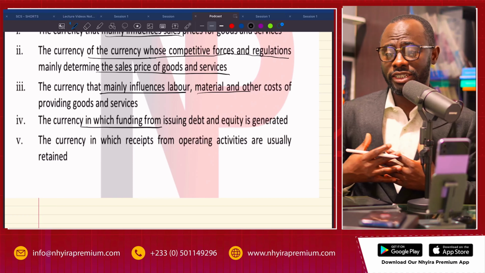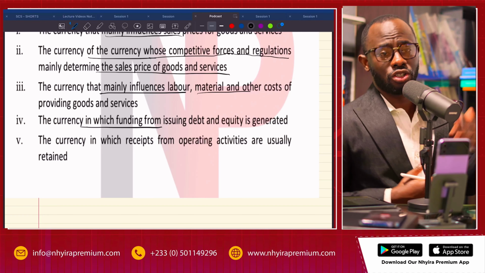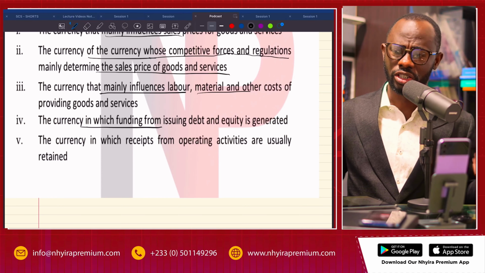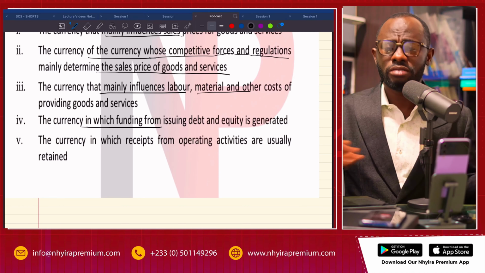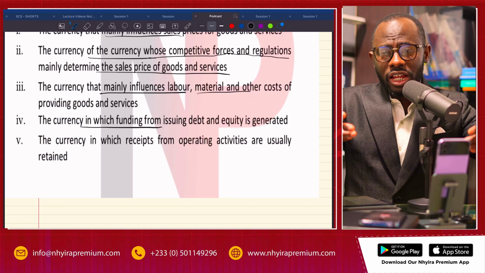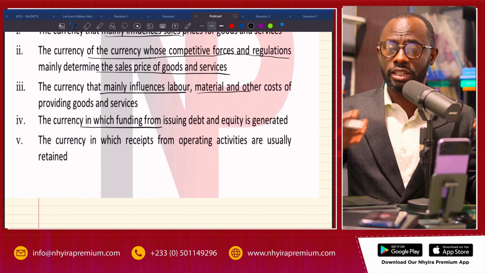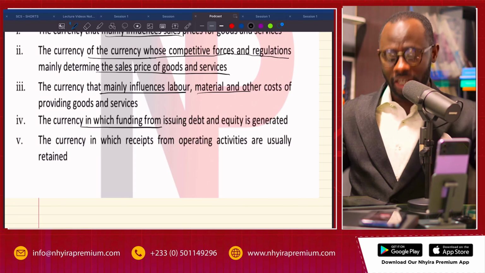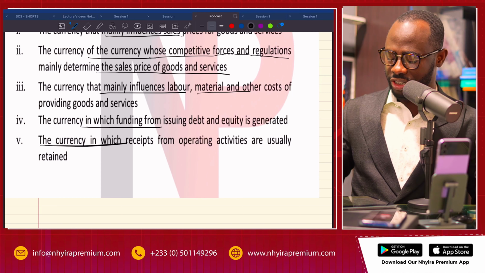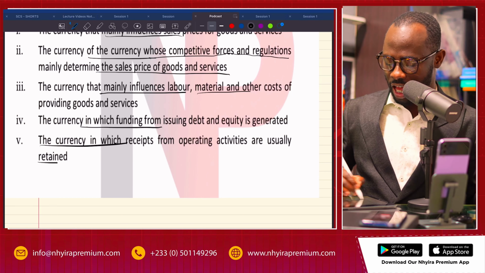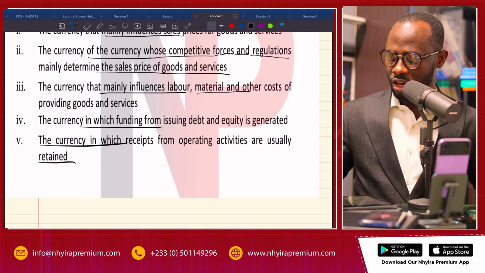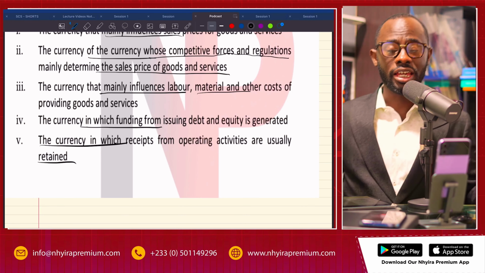So if the entity is issuing shares, bonds or other debt instruments or other forms of financial instruments, which currency is primarily dominant in relation to the money they are going to be getting? Is it in dollars? Is it in Ghana cedis? That is going to guide us. And the last one is the currency in which receipts from operating activities are usually retained.